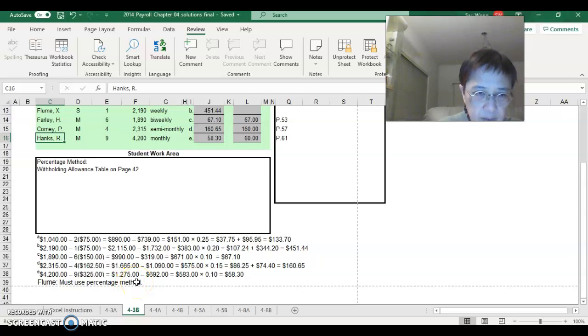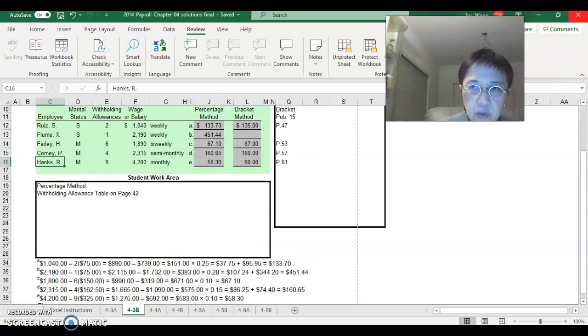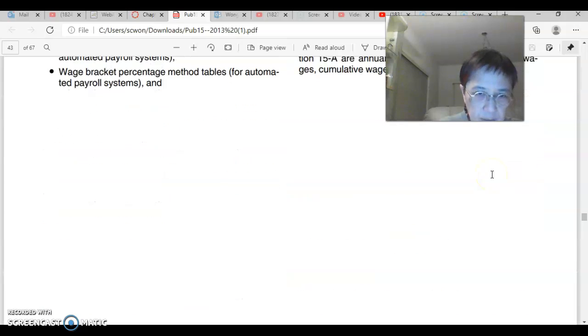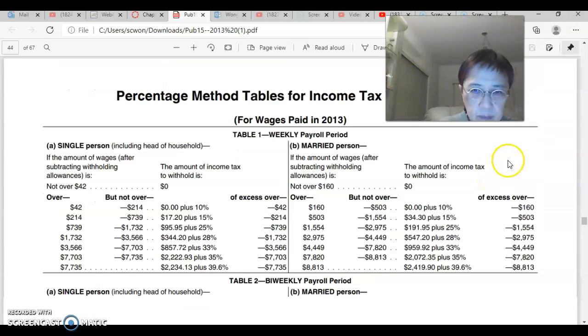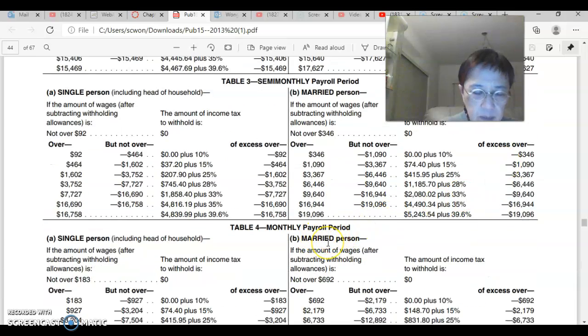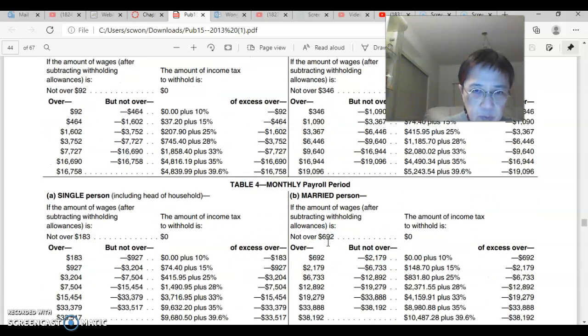Okay, 1,275 minus the 692. Let's take a look at the monthly percentage withholding. This is the monthly married percentage withholding.